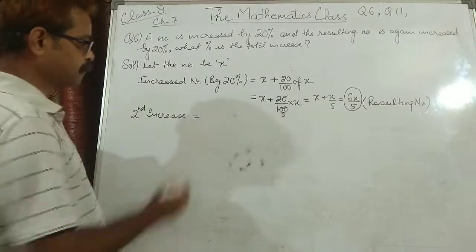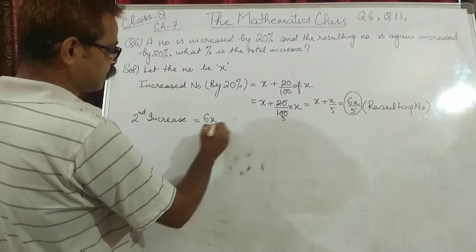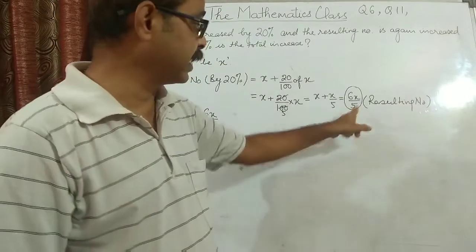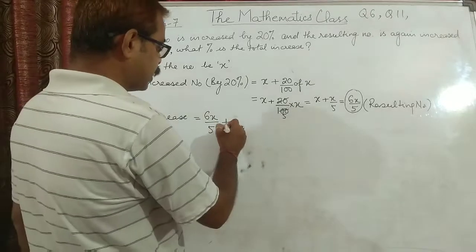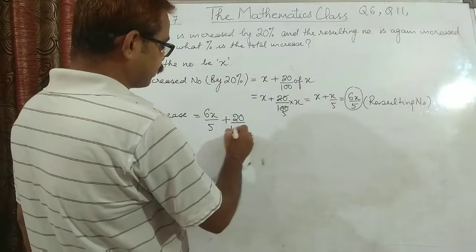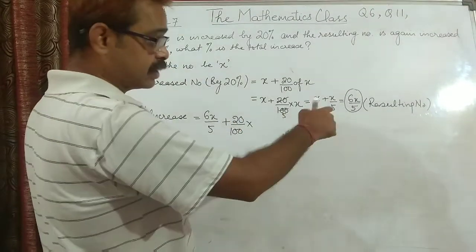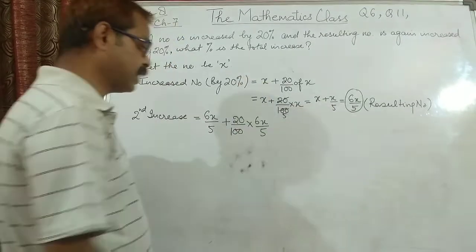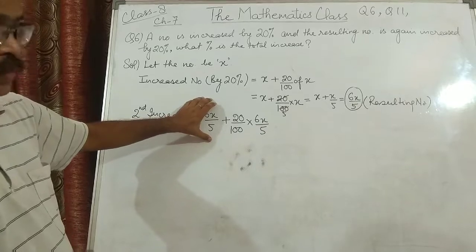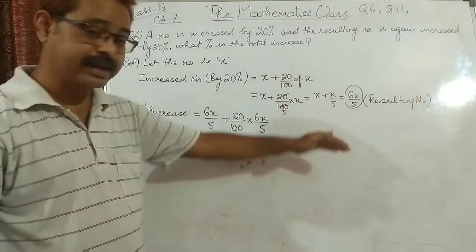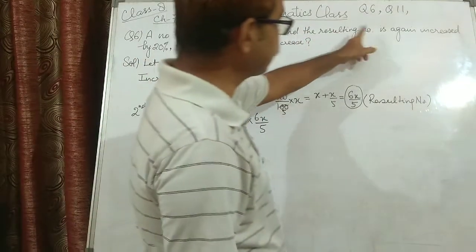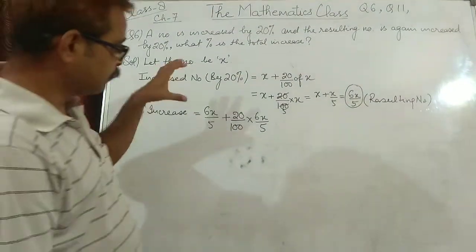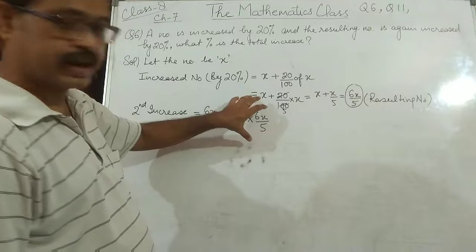Second increase is what? 6x upon 5 was the number after the first increment, plus 20% of this resulting number. So when there is a second increase, we will write the original number plus 20% of this.